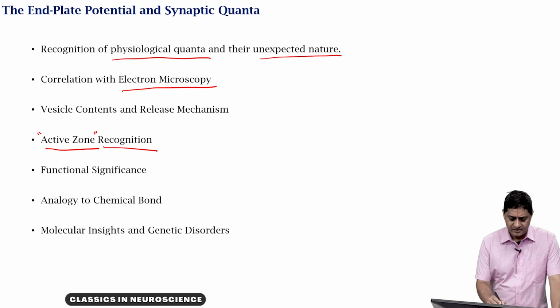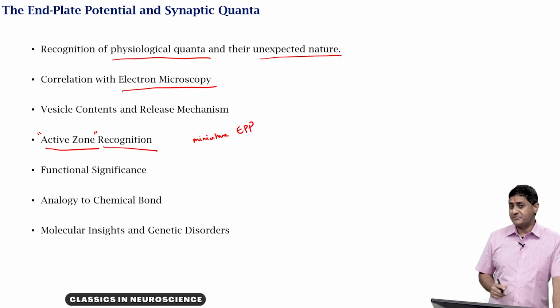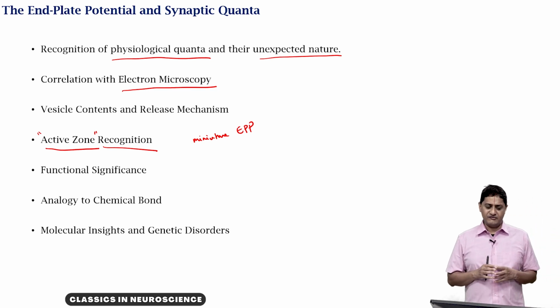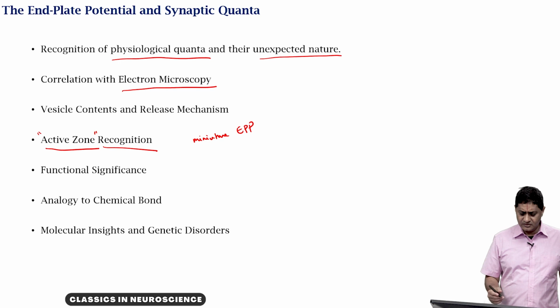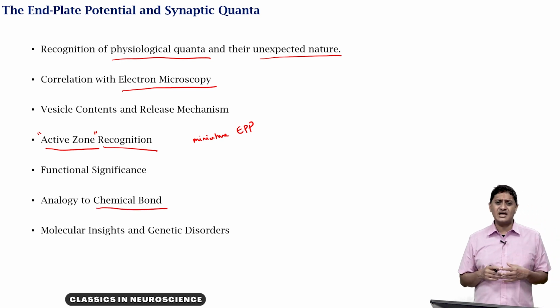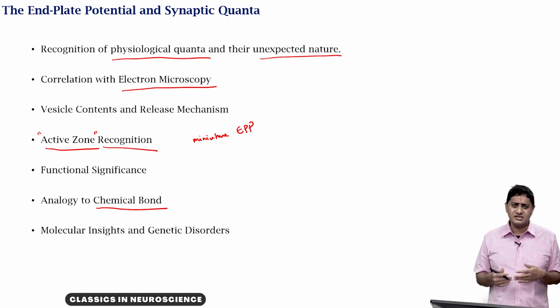So, MEPP, that is miniature end plate potential, miniature EPP, that is found when one vesicle releases its neurotransmitter, is the fundamental unit of action. So, this is similar to the description of the atom in physics, or the description of the chemical bond in chemistry.